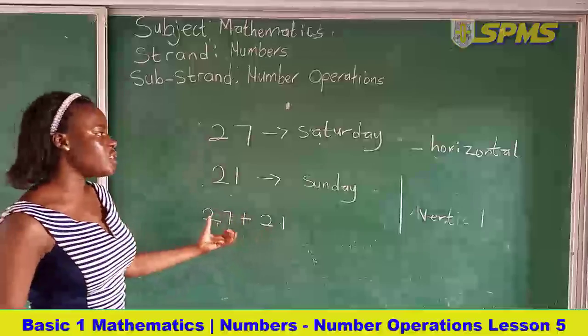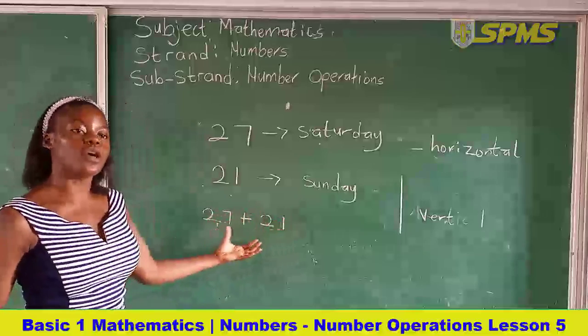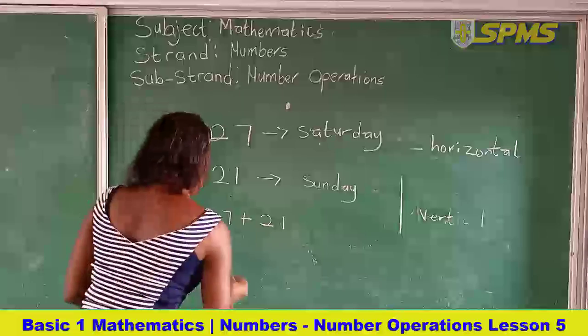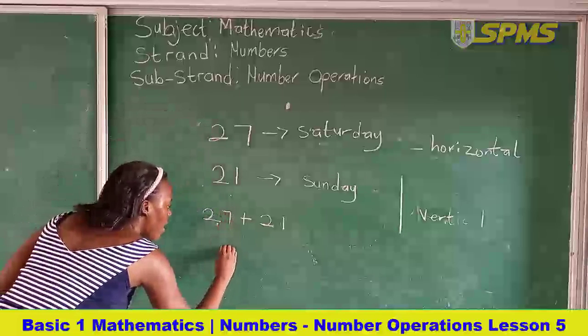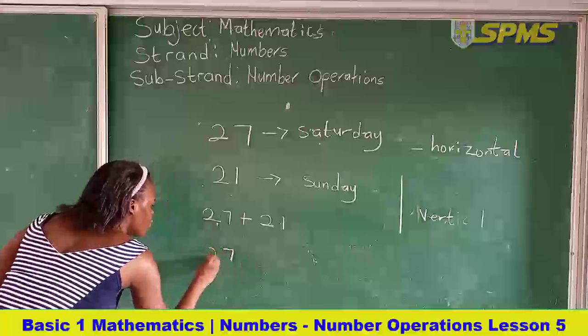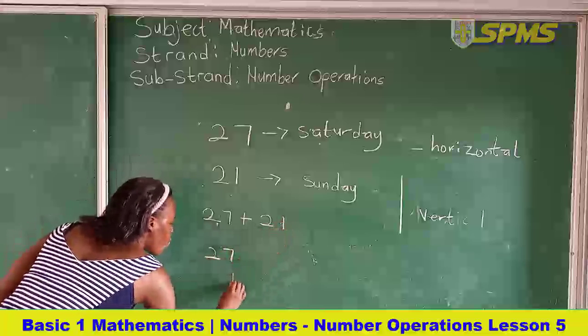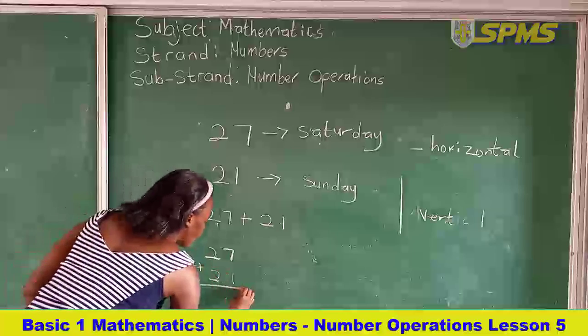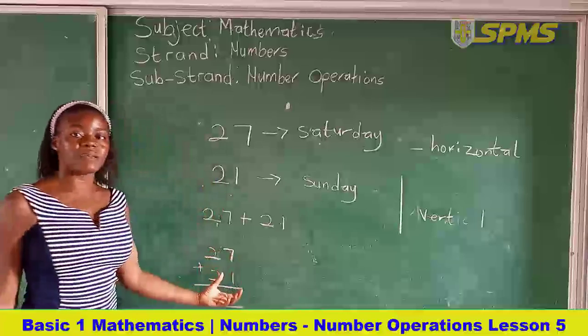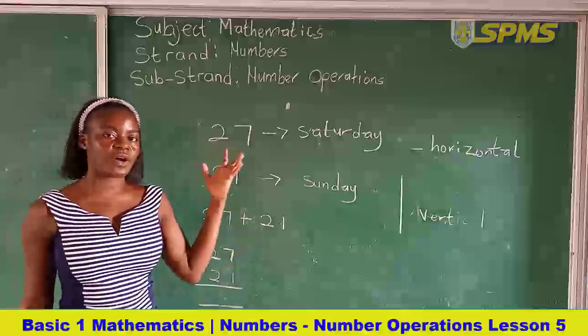Let's try and change this from horizontal to vertical. Very good. So our ones, we have 7 and 1. Tens, 2 and 2. The operation sign is here. 7 plus 1. We have 7 there already.